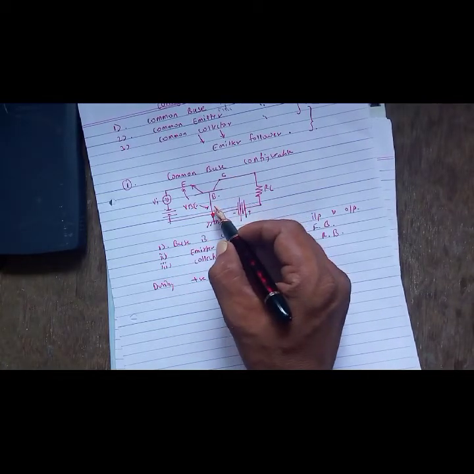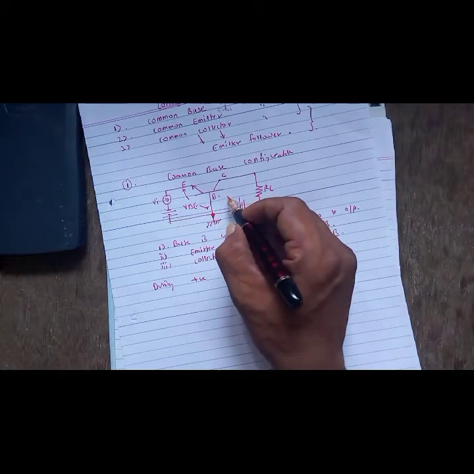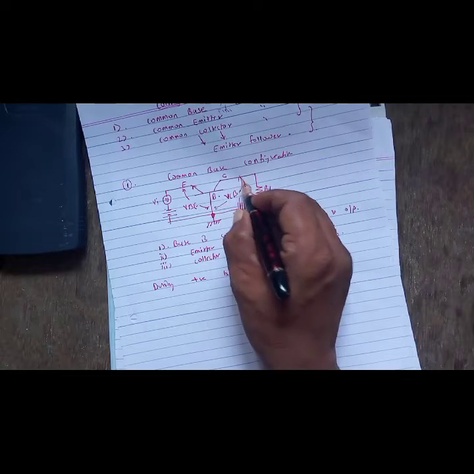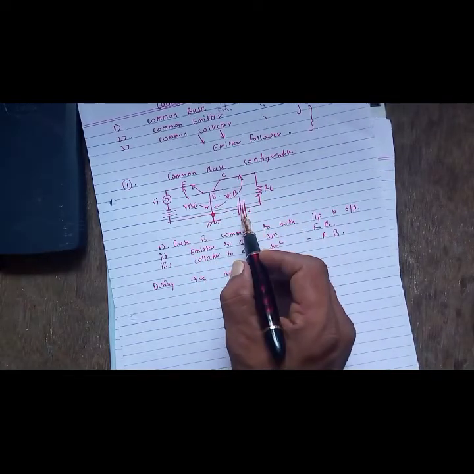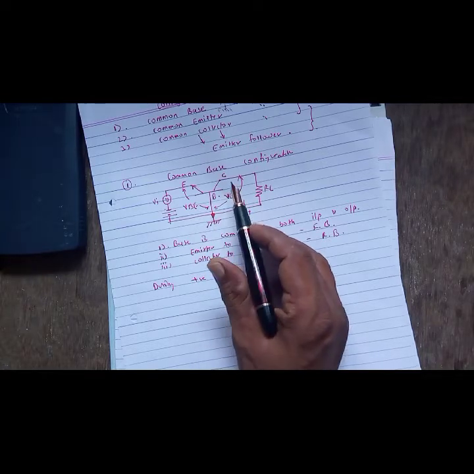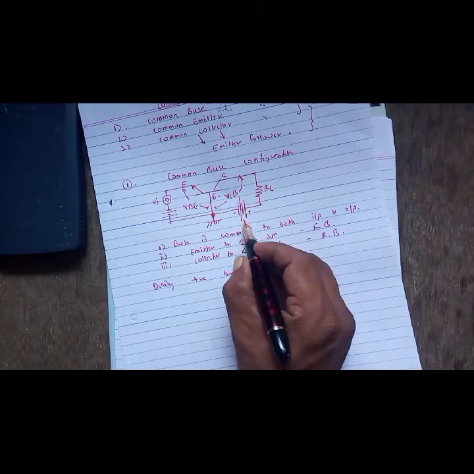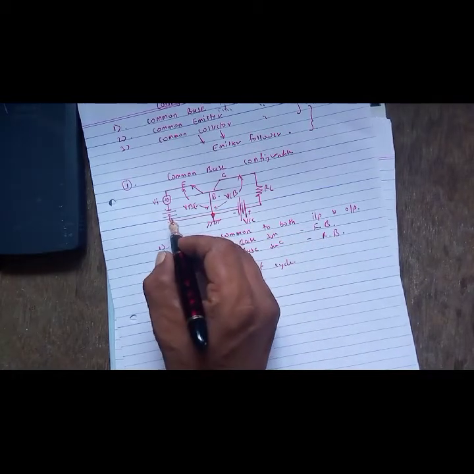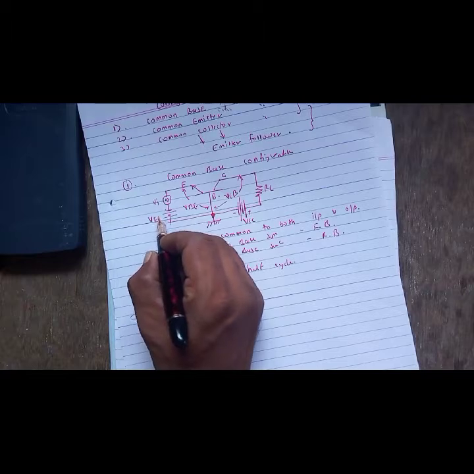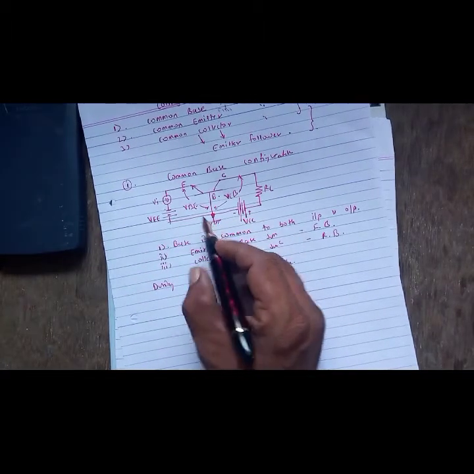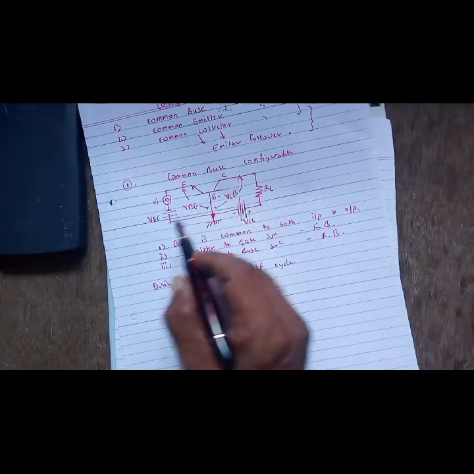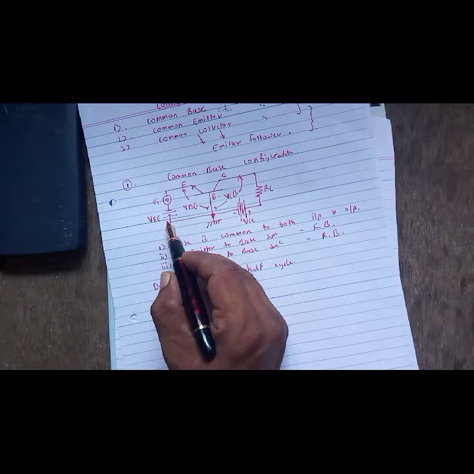And the voltage between collector and base is given by VCB. Okay students, these are the two voltages generated by these battery sources. As it is the collector output side, we say it is VCC, and the input side is indicated with VEE. As the base terminal is common, it is connected to the emitter and to the collector.